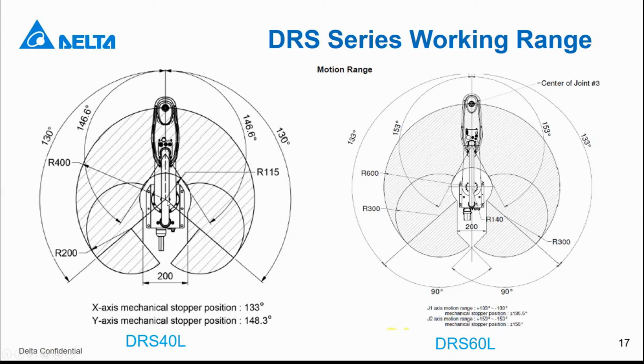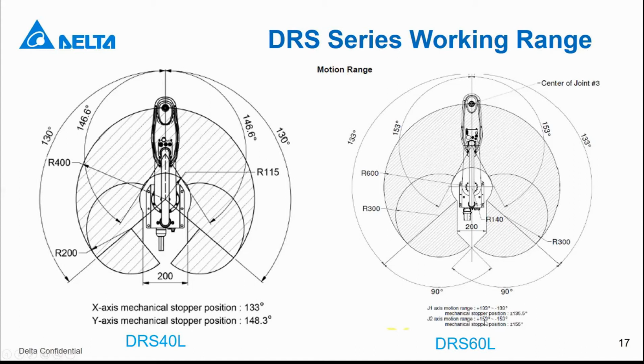The first arm will reach a limit, so only the second arm can still go to the back of the robot. In this small circle, we also indicate the radius is 200 millimeters. That means in this small circle, the robot can move in this area with a 200 millimeter radius. The right side is the same.